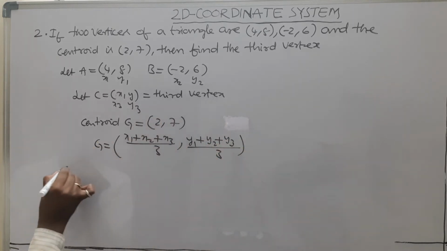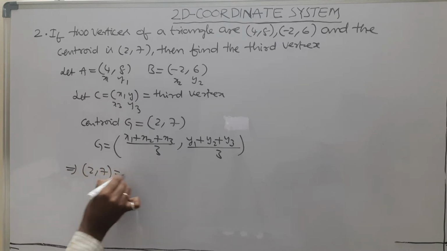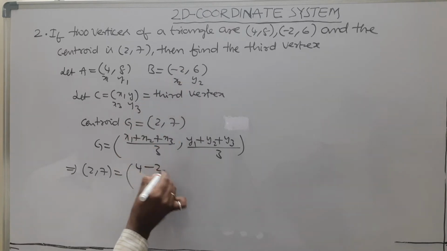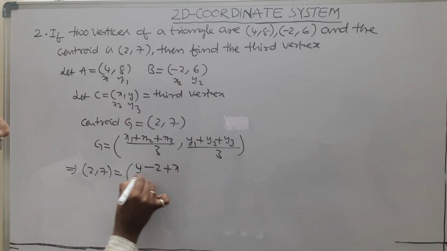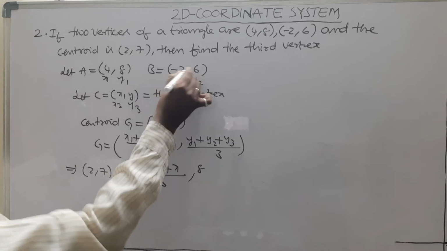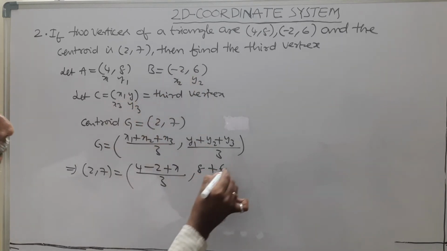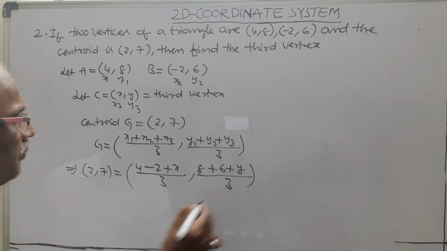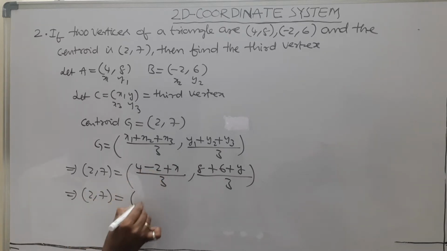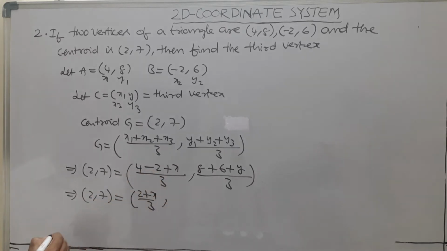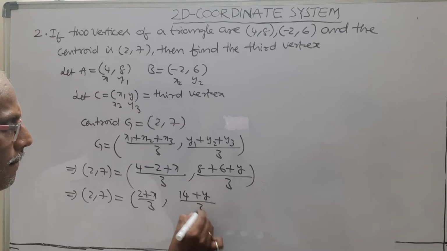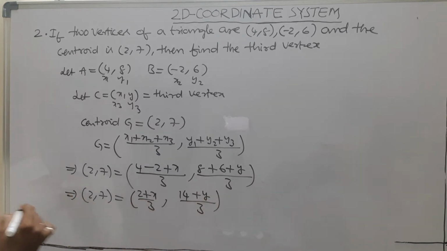Here G is (2, 7). x1 is 4, x2 is -2, and x3 is x, by 3. y1 is 8 plus y2 is 6, and y3 is y, by 3. (2, 7). 4 minus 2 is 2, so 2 plus x by 3. 8 plus 6 is 14, so 14 plus y by 3. 2 plus x by 3 equal to 2.